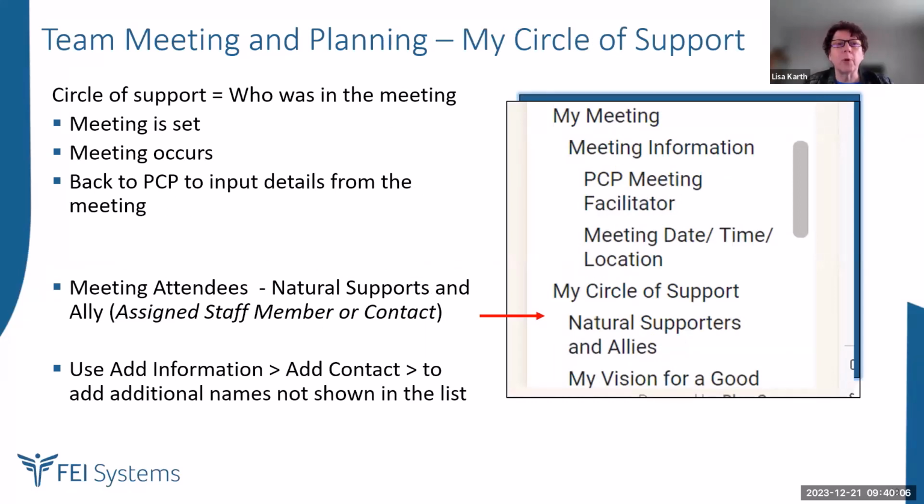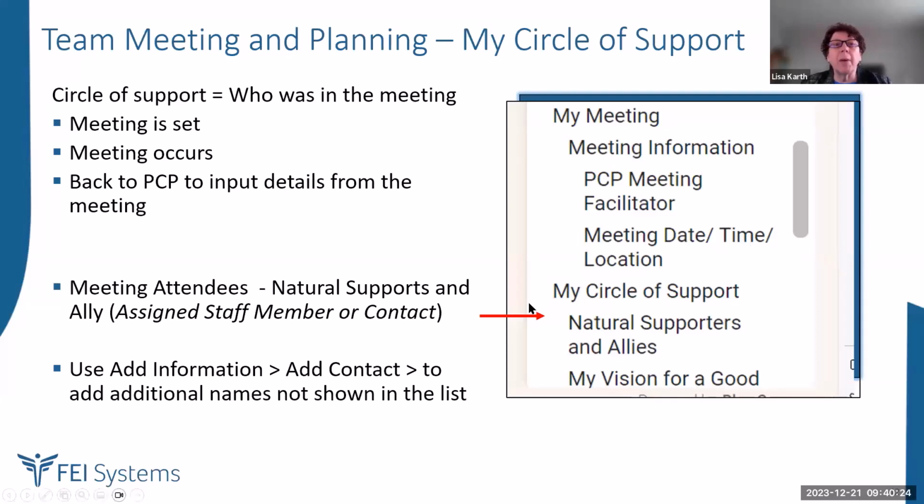My Circle of Support is the meeting attendees. I mentioned once it comes from the person, or excuse me, from the record icon, specifically the contact section. And they must be added if they're not already in the contacts.